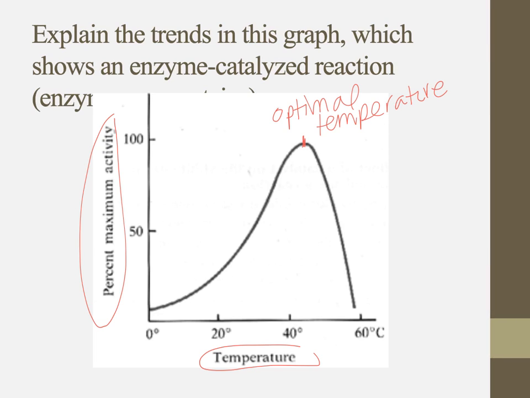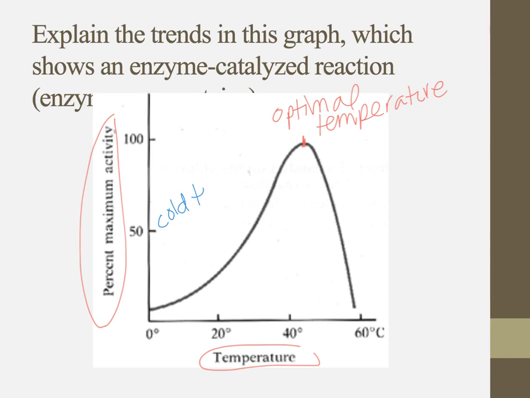Down here in this area of our graph, we can see that at colder temperatures, the enzyme activity is going down, or the reaction rate is going down. That has nothing to do with the enzyme. This has everything to do with cold temperatures slowing down molecular collisions.